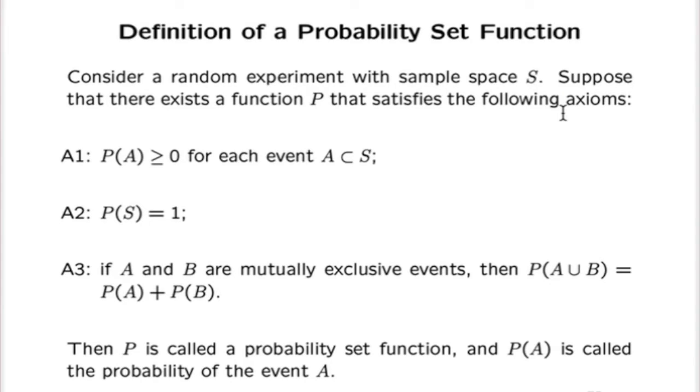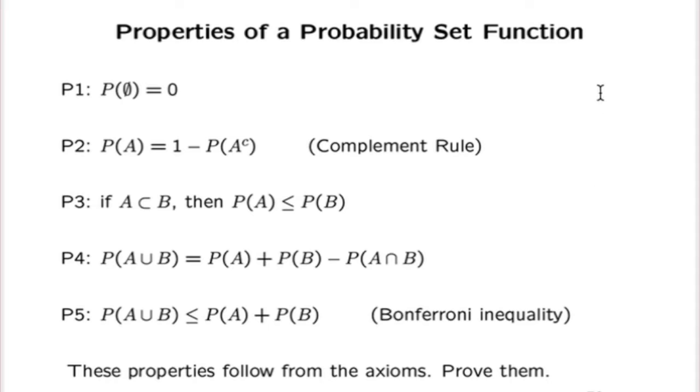And let me just point out here that in setting up our definition of a probability set function, we have not talked at all about what type of probability we're talking about, whether it's a classical probability, a relative frequency probability, or a subjective probability. The only 3 things that have to be true in order for a function, and in particular a set function, to be a probability set function, is that these 3 axioms have to be satisfied all the time. Okay?